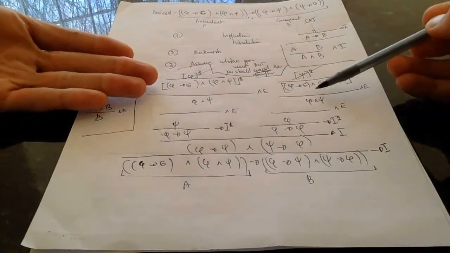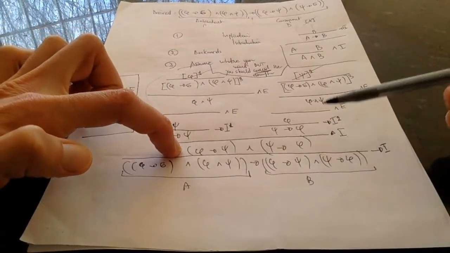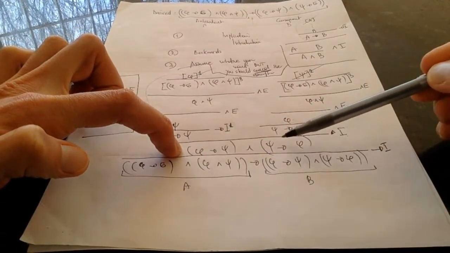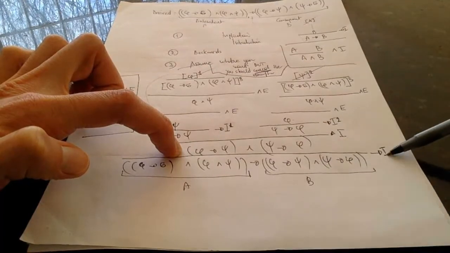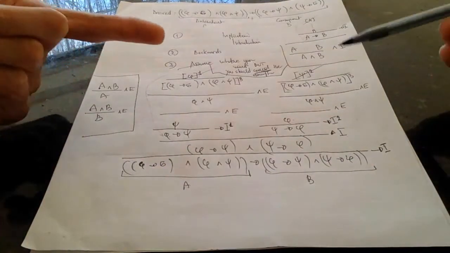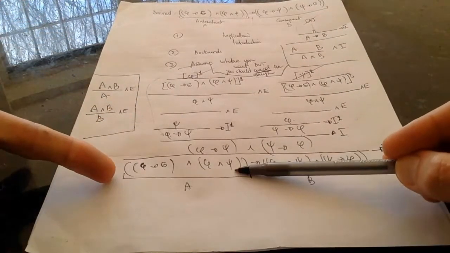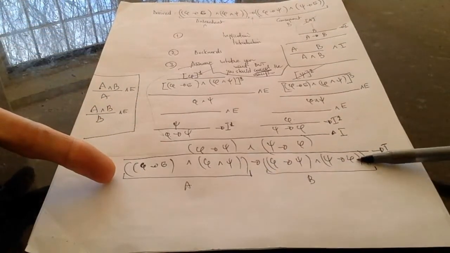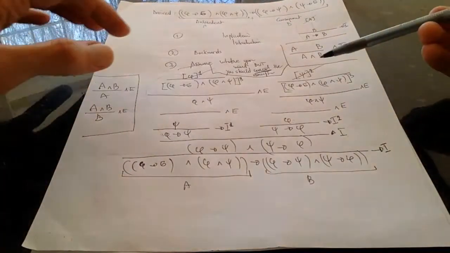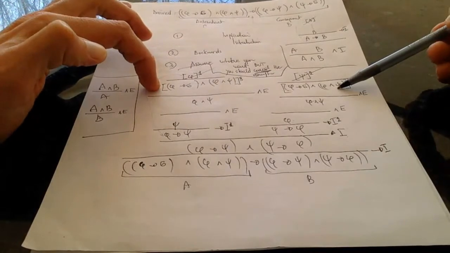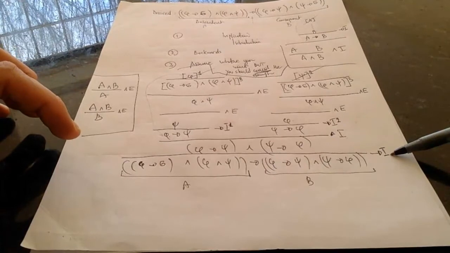Now if you look what we have done here, we've got to this point where we derived phi implies psi and psi implies phi. And then with implication introduction, we took our assumption number 3 and we put it as our antecedent here of this very large implication, which is what we wanted to derive. So we have incorporated this assumption number 3 as the antecedent of our implication through the rule of implication introduction.